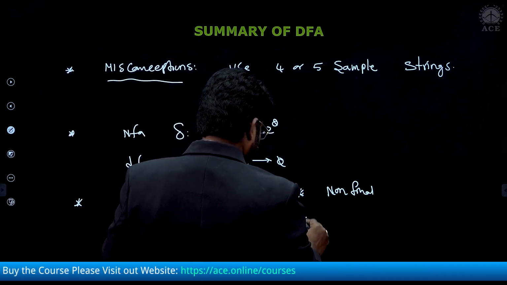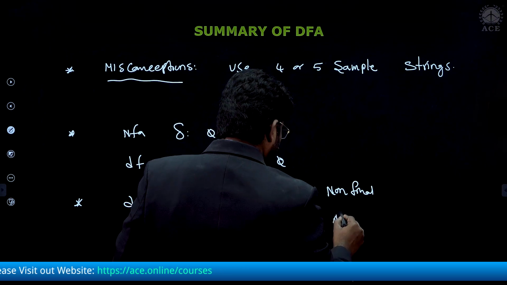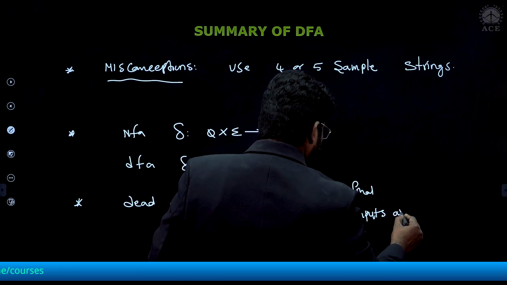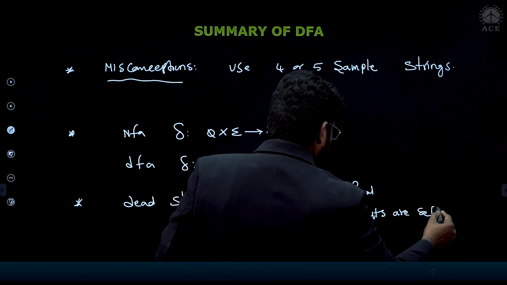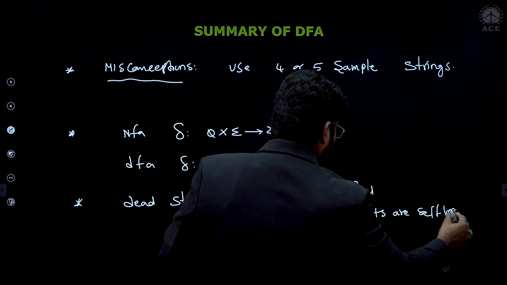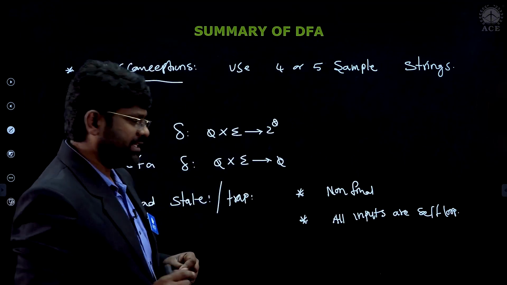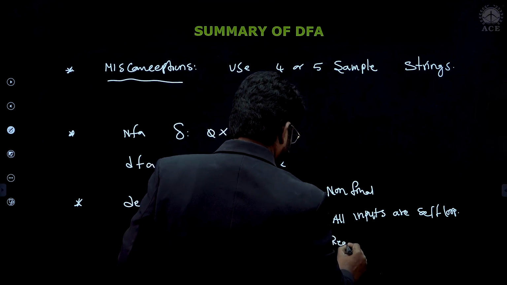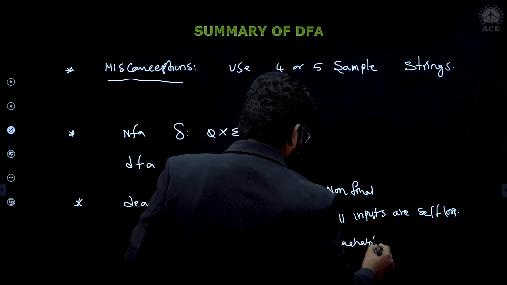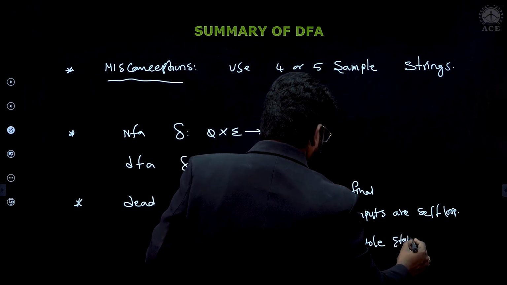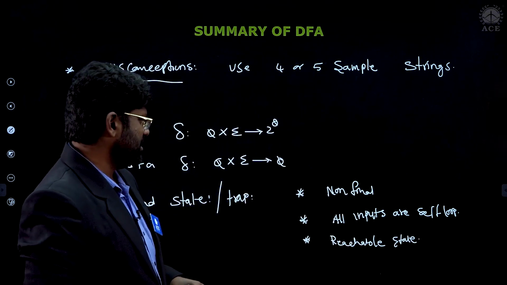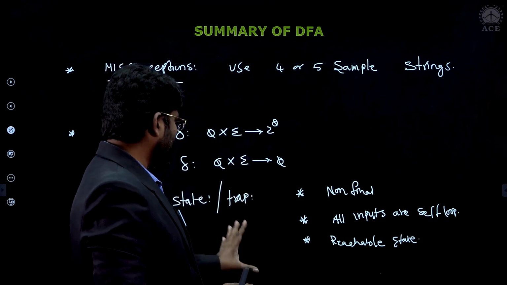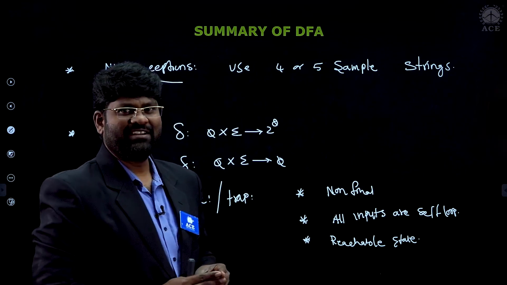Second, all inputs are self-loops for it. Another important thing you have to understand: it is always a reachable state. Once you have reached it, you cannot go back to any other place. Those are the characteristics you can find for the dead state.